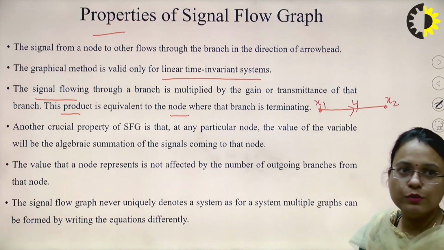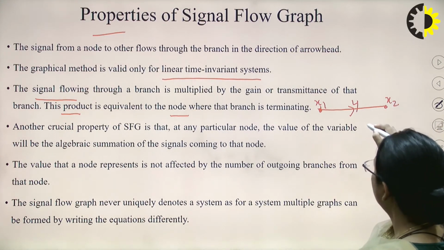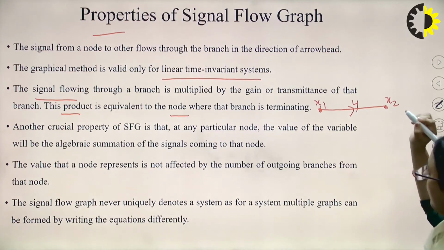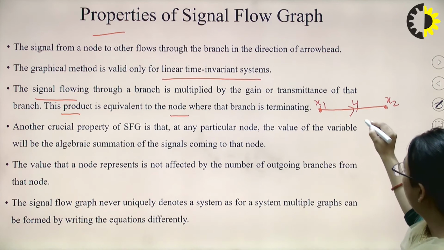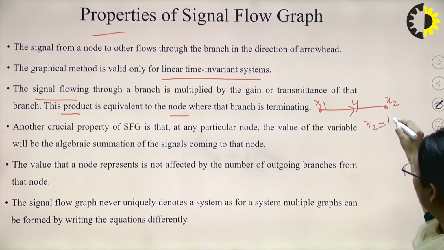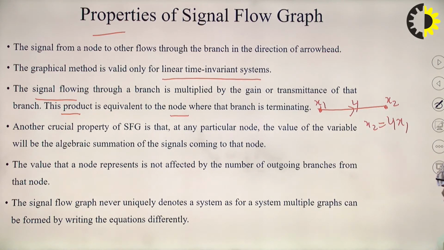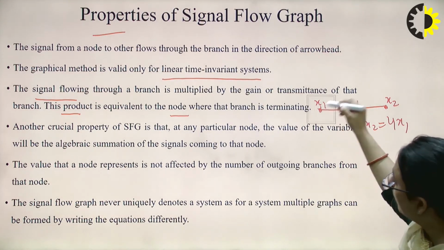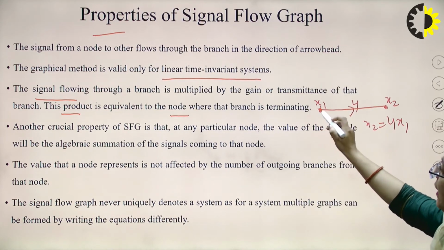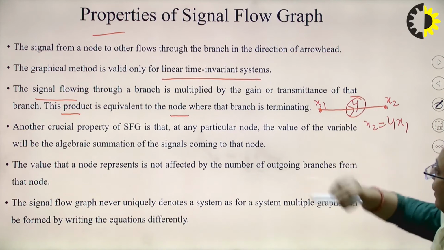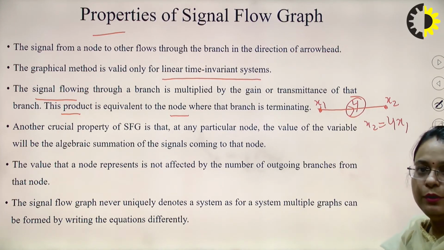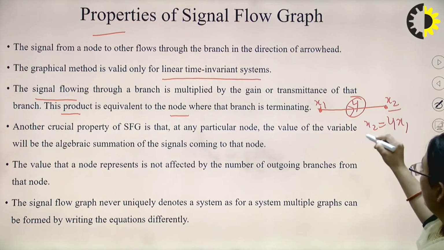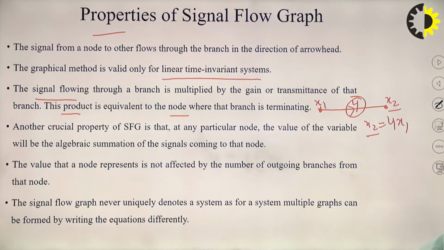So x2 will be equal to 4 times x1. The signal at node x1 gets multiplied with the branch gain when it travels through it to produce another variable x2.